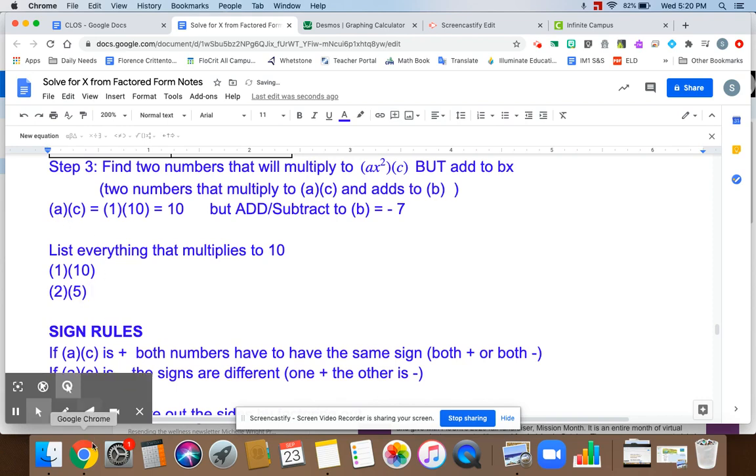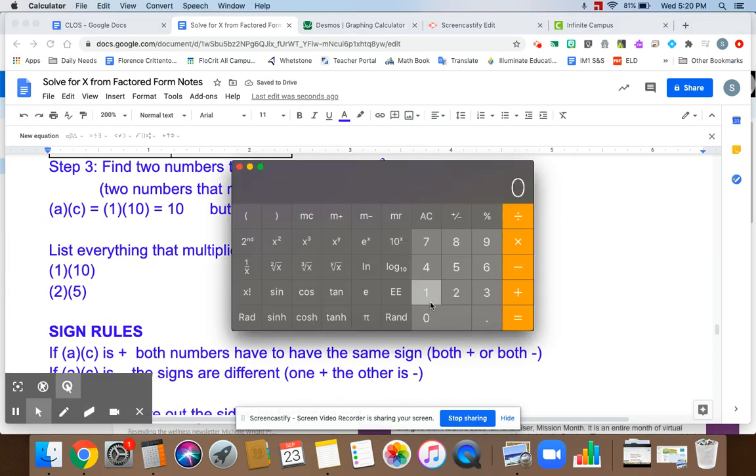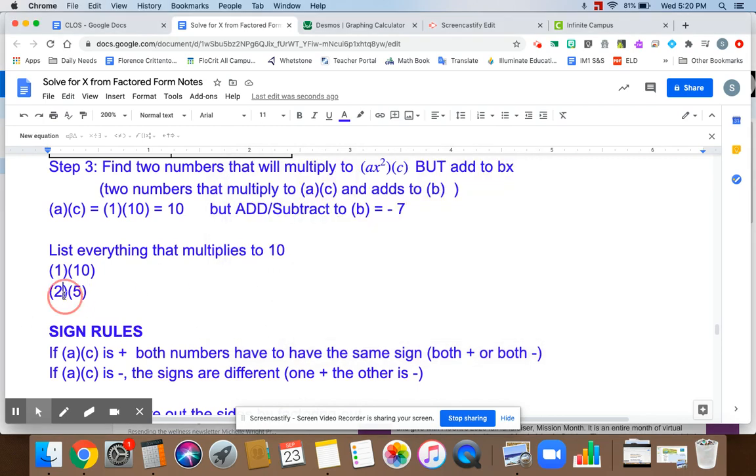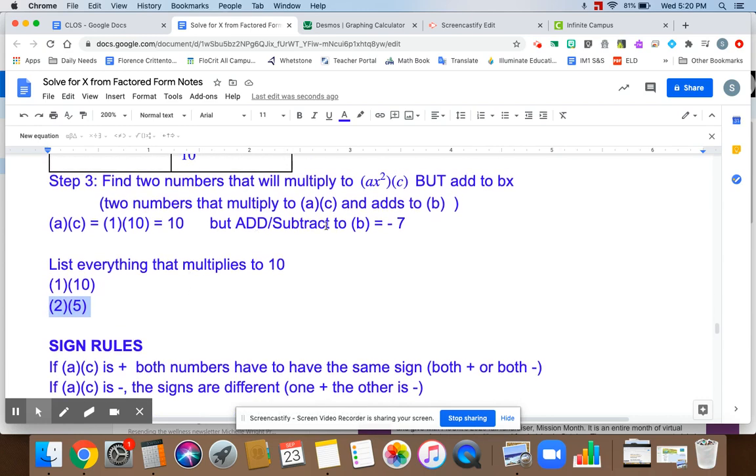If I divide 10 by 3, I get a decimal. If I divide 10 by 4, I get out a decimal. And I don't have to try 5 because I already know the answer from 5 will be 2. So I'm done. These are the only 2 pairs that multiply to 10. So now they have to somehow add or subtract to -7.